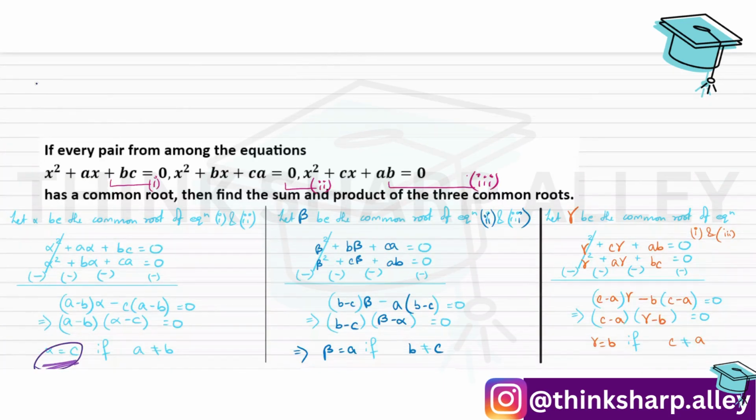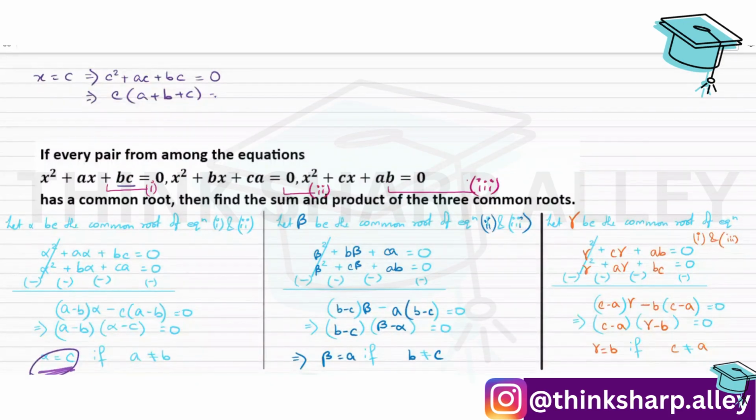So x equal to c implies c square plus ac plus bc, c taken common, so c into a plus b plus c equal to 0. So c is a root only if this product is equal to 0, that is, c equal to 0 or a plus b plus c equal to 0.